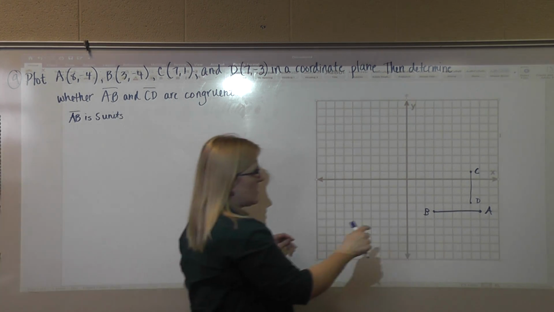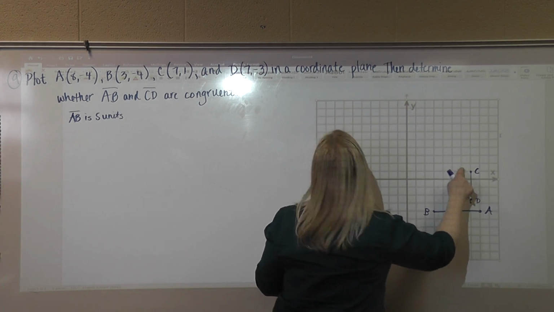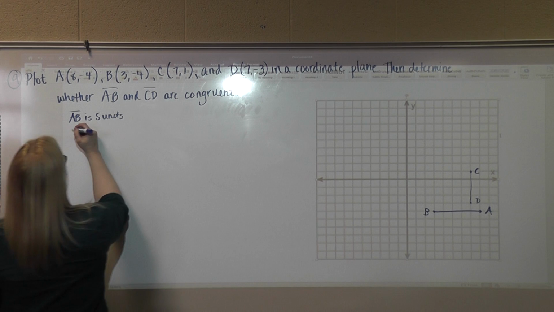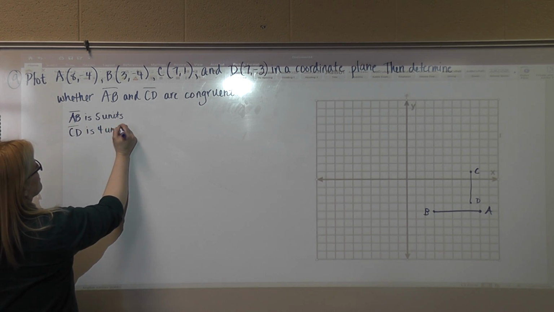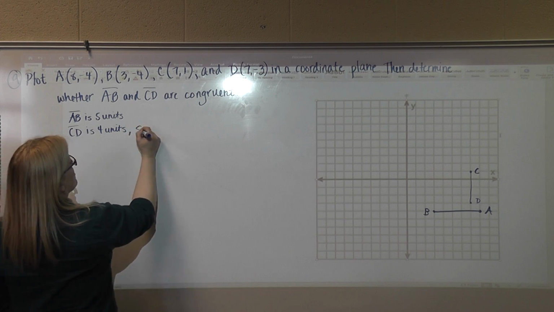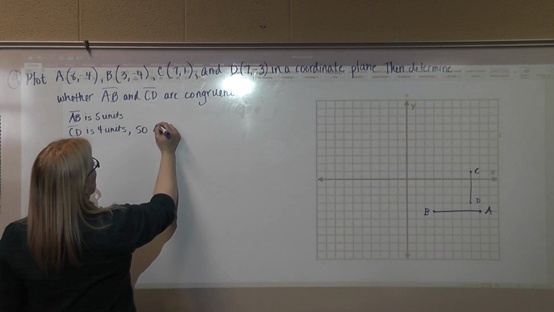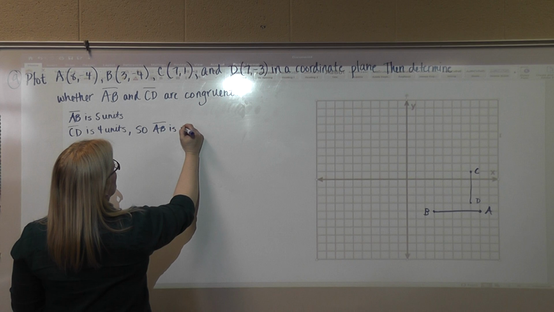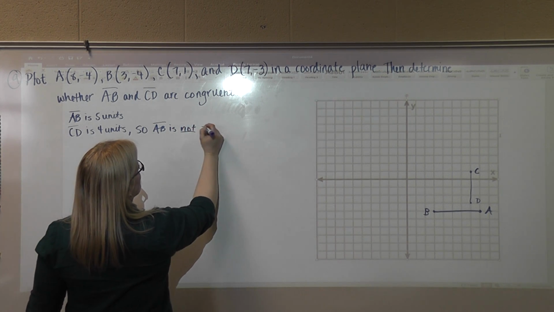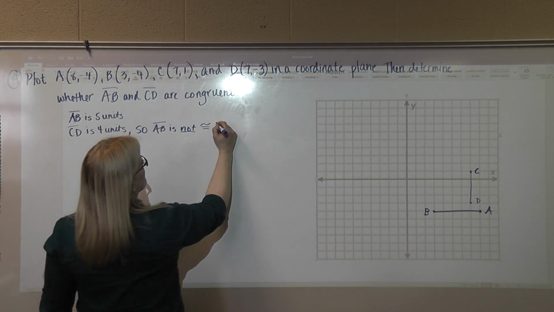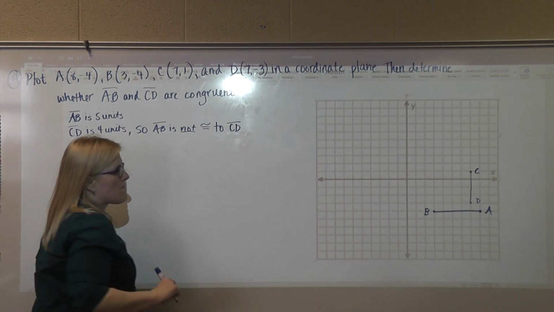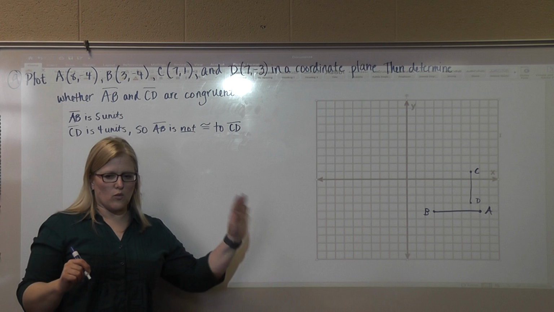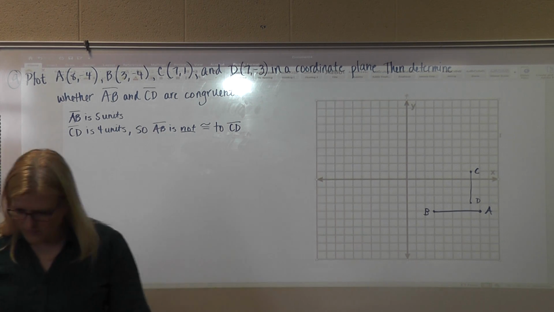And CD is 1, 2, 3, 4, is only 4 units. So AB is not congruent to CD. All right, a lot of work for one little teeny tiny problem.